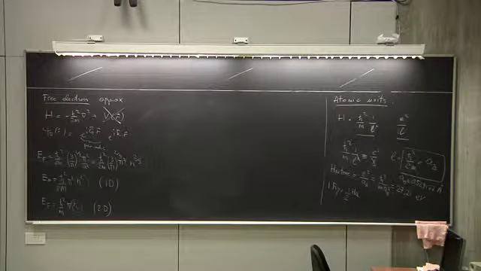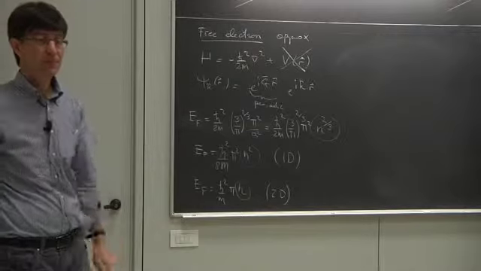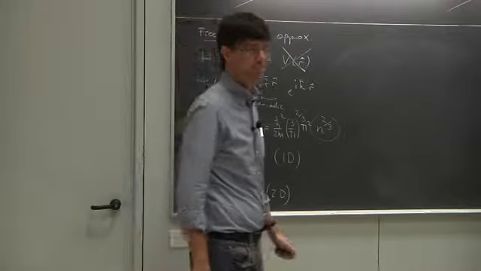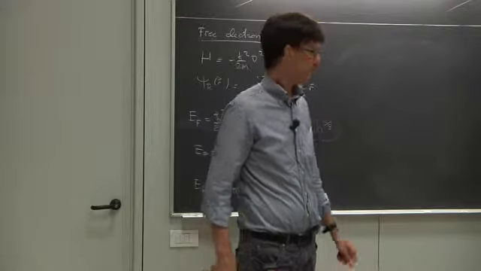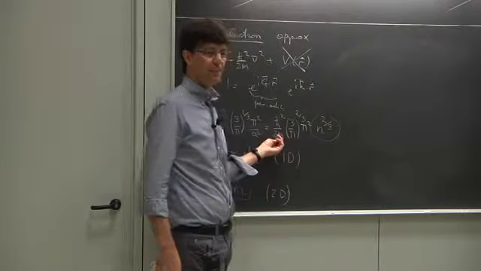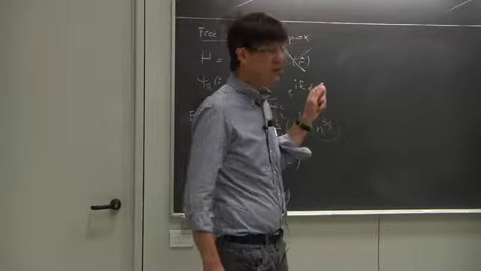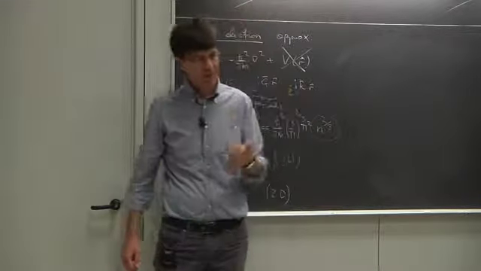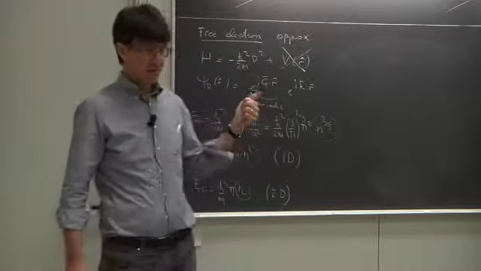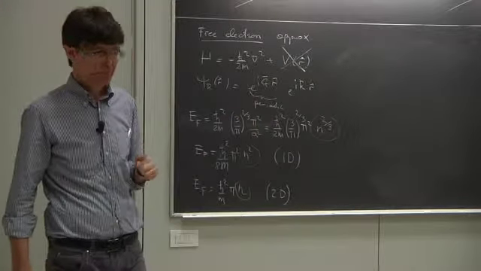Any question about the free electron approximation? Yes. Right. So it's the one that we derived. We actually derived it for 1 electron per unit cell and for a simple cubic lattice.